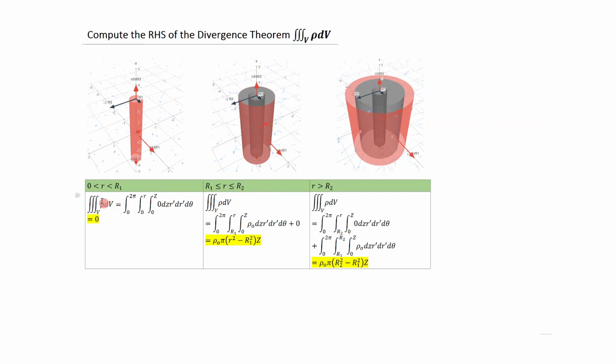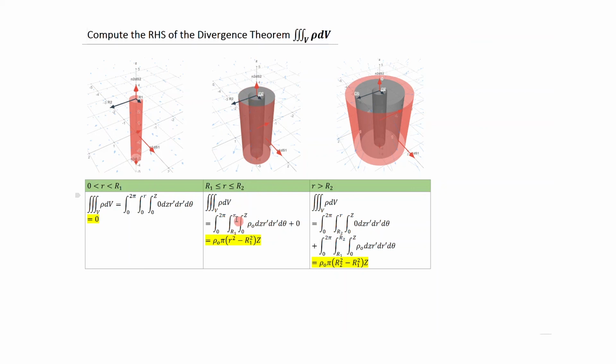In the first case, the charge enclosed, if the Gaussian surface has a radius less than capital R1, will be 0. Between R1 and R2, we set up the volume integral such that we're computing the total charge enclosed from 0 to Z. The innermost radius that we'll be considering is the inner radius, just as we penetrate the Gaussian surface inside the object, that is between R1 and R2.